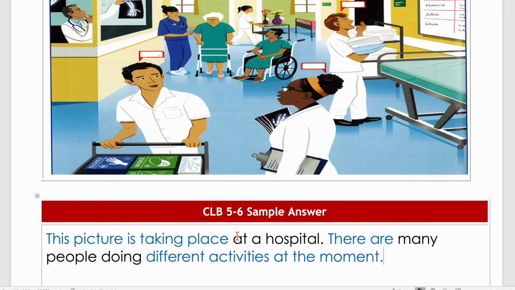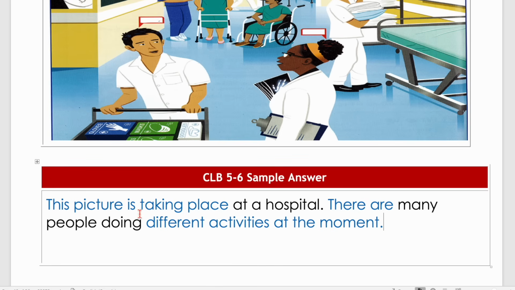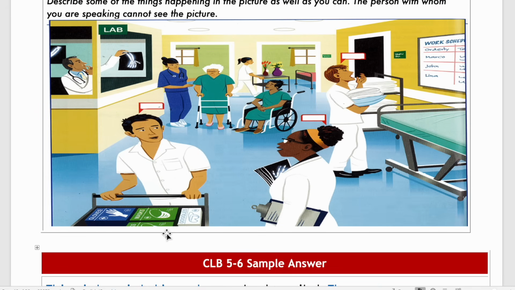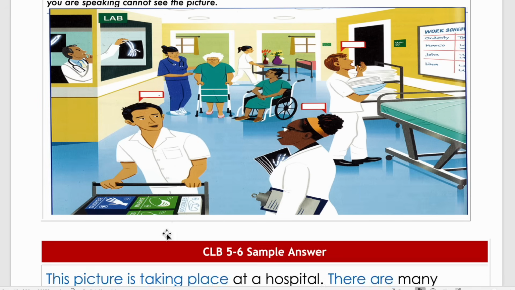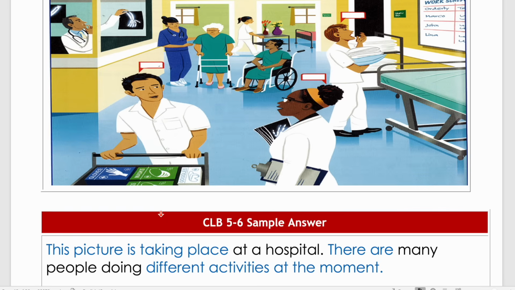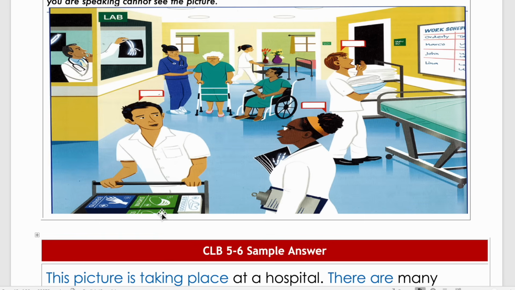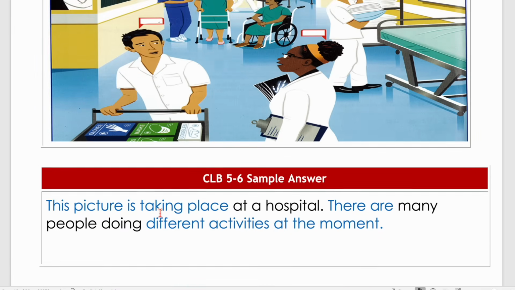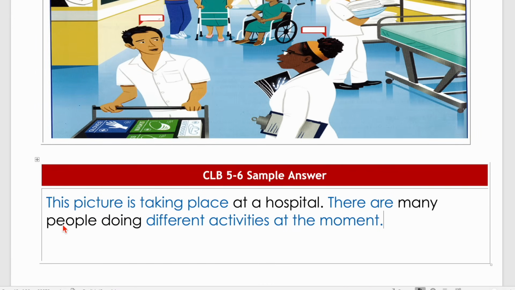So that is a general sentence where it's taking place and many people. Now, if you're a higher level, you would say there are some doctors, nurses, patients. That's higher level. For general, for 5, 6, we can just say people. Okay?